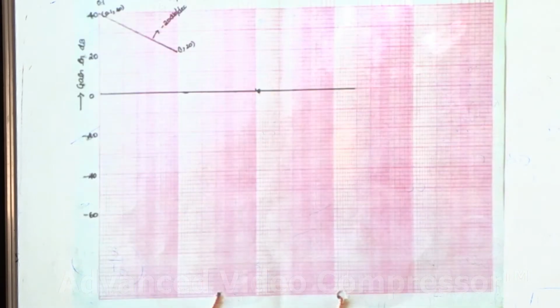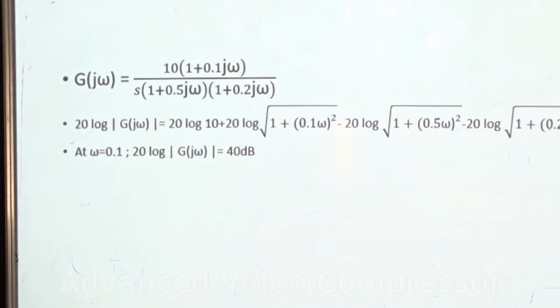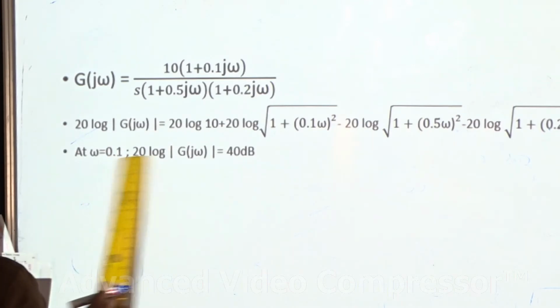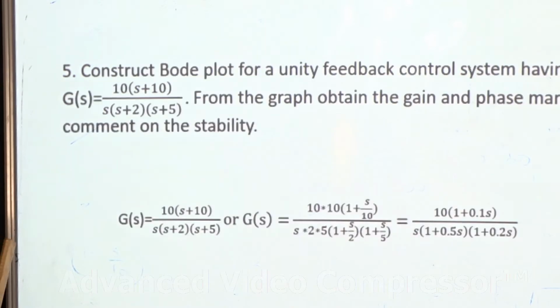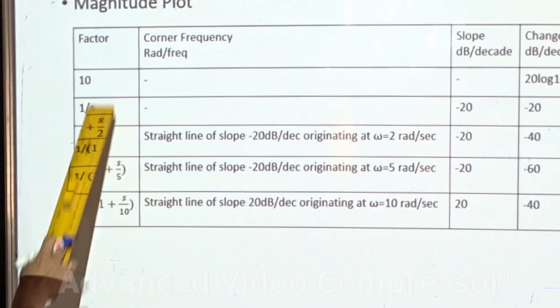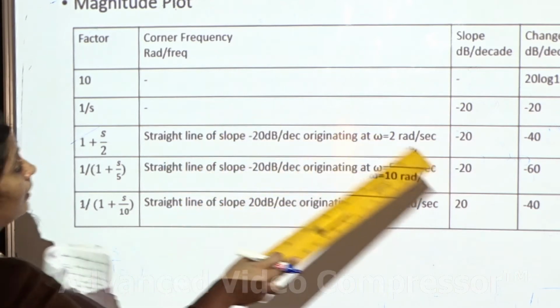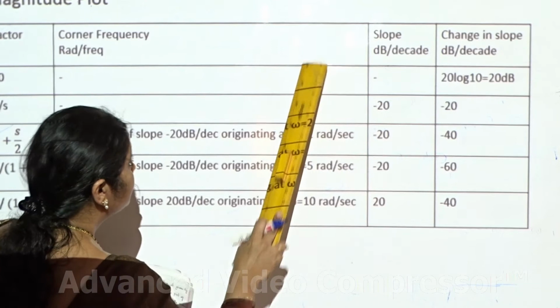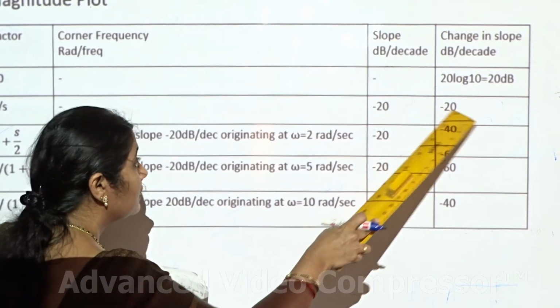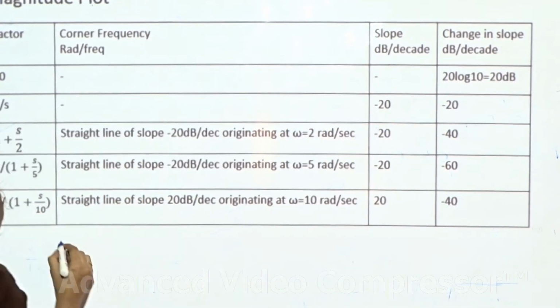Now at 0.1, what was the gain value at omega? The gain was 40 dB. Else from the table itself we can make out, due to these two values, it is 14 and 20, and again it should go up and come down. So again this is going to give you a value that is here.